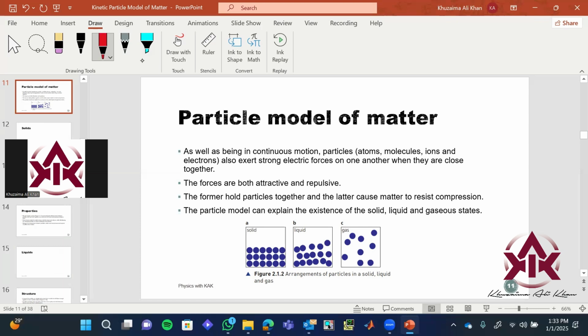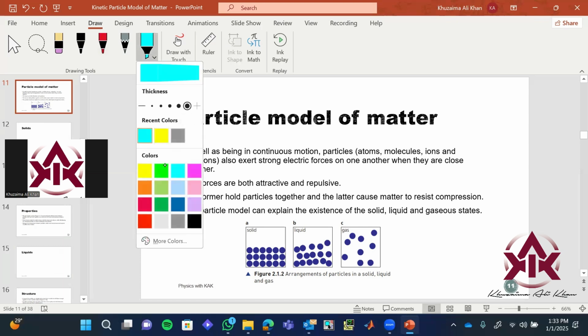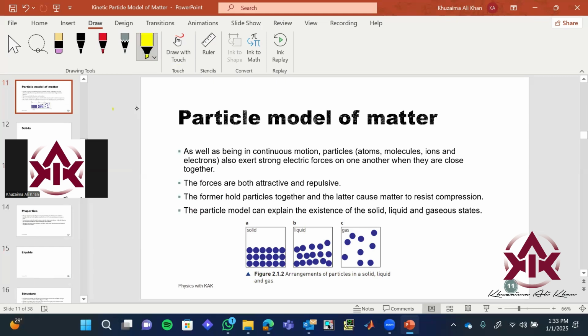So let's first of all read what the book is telling you guys, right? Let me choose the yellow highlighter. As well as being in continuous motion, the particles, atoms, molecules, ions, or electrons also exert electric forces, right?